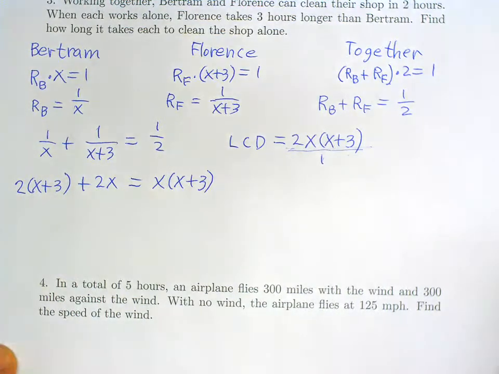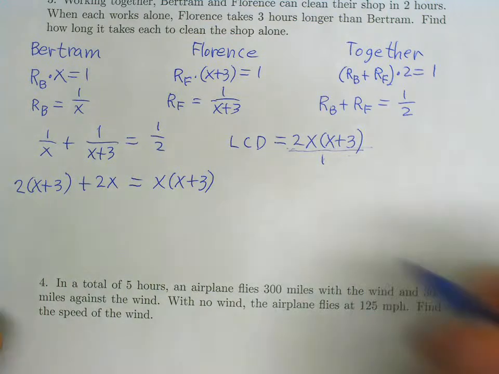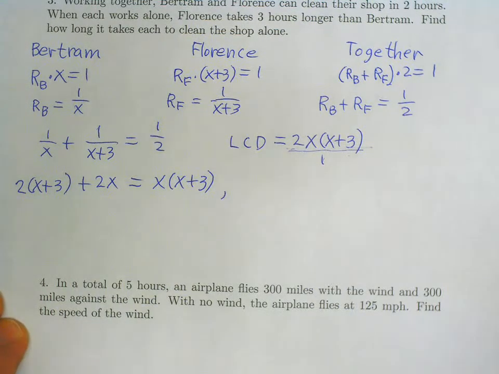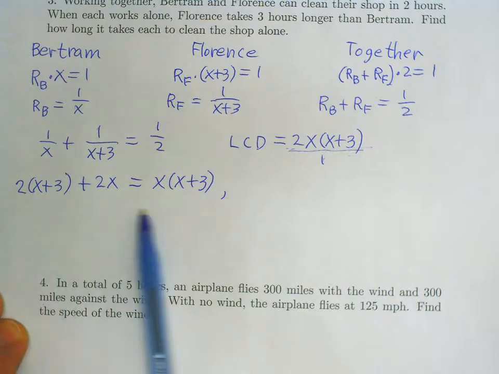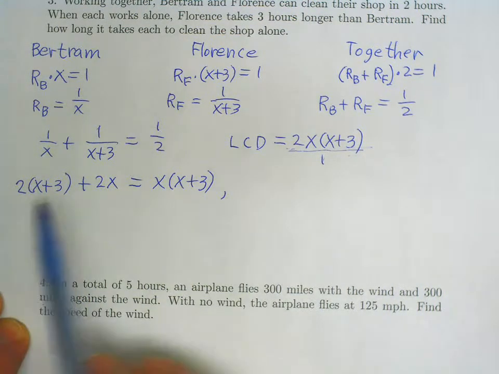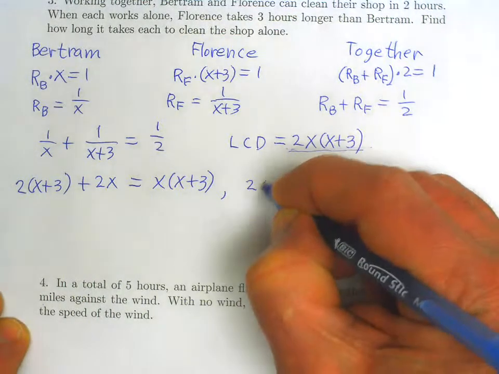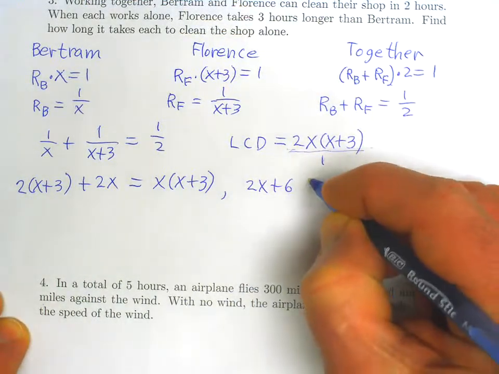Okay, so what we have is a quadratic equation. It's not yet in standard form, so that's what we're going to do next. We're going to do algebra and arithmetic and write it in standard form. So here on the left, multiply 2 times the binomial x plus 3 to get 2x plus 6. And then we're adding 2x.